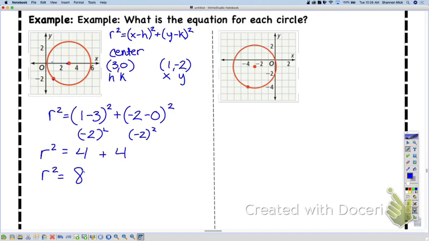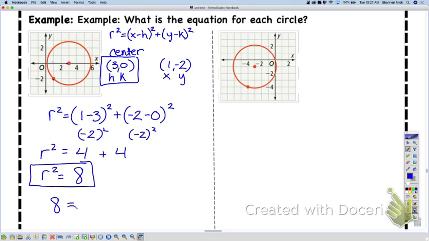But do I need the radius to write the equation? No, I need R squared, don't I? Yes. So I have R squared, and I have the center. Is that all I need to write that equation? Yes. So R squared is 8.